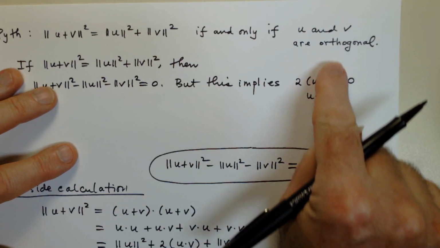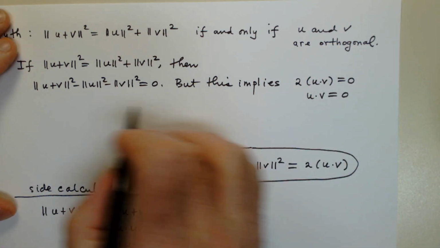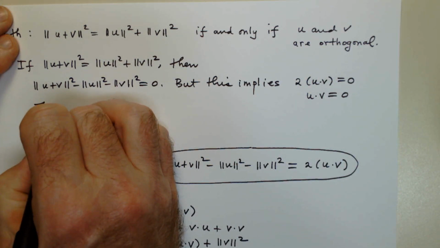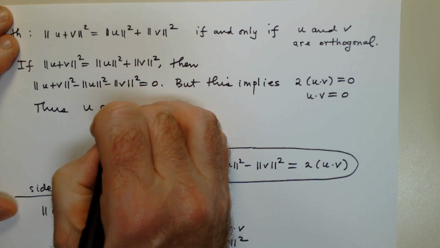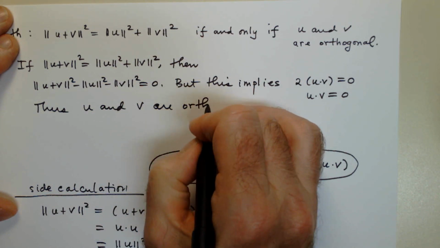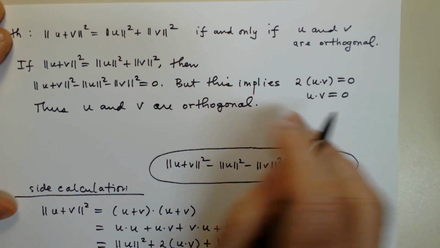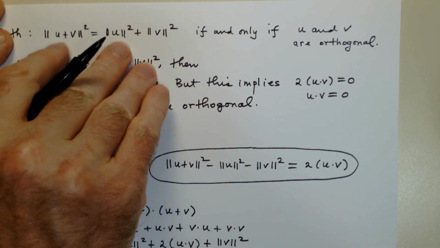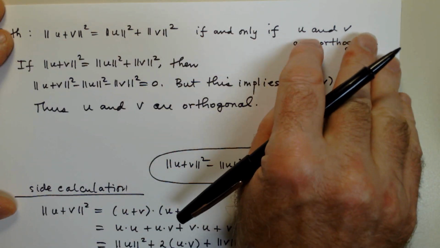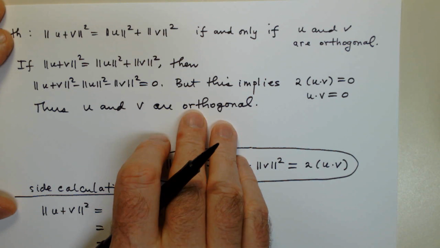But this is precisely what it means to say that u and v are orthogonal. And that's the conclusion of the first half of the proof. If this is true, then these vectors must have a dot product equal to 0, and that means they're orthogonal.